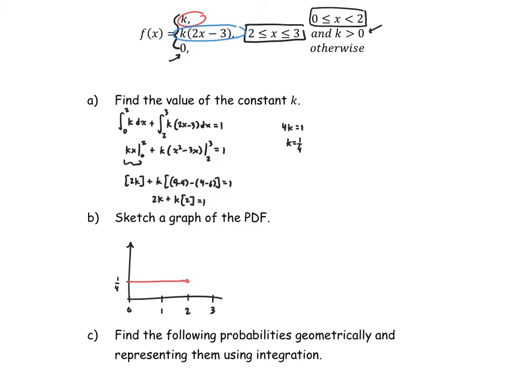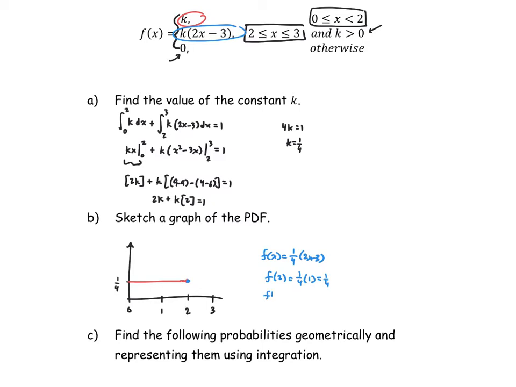The second portion, it's kind of important that I can see that f of x on the second interval is going to be equal to a fourth of 2x minus 3. And you'll notice that that's going to be linear. So let's find the output at 2. That would be 1/4 times 4 minus 3, which is 1, which is a fourth. So it'll kind of fill this void here.